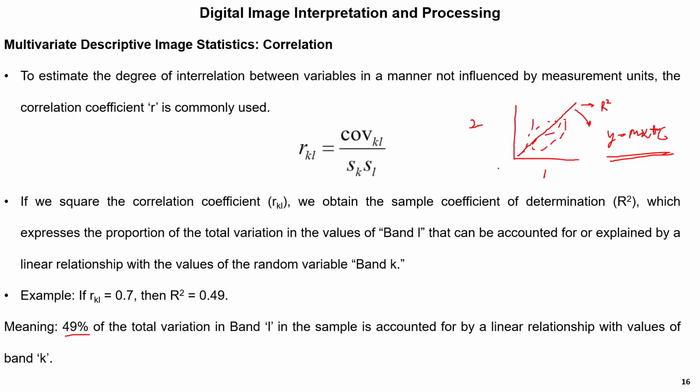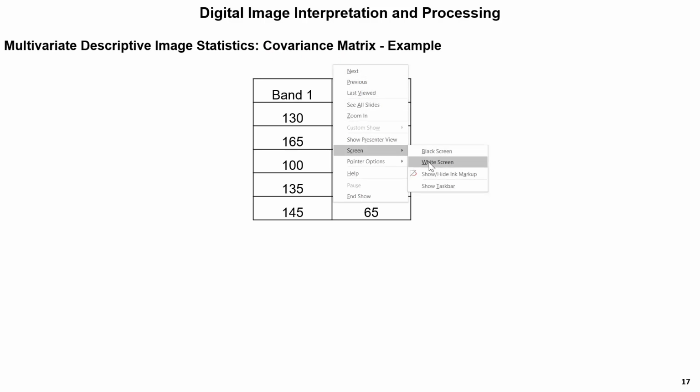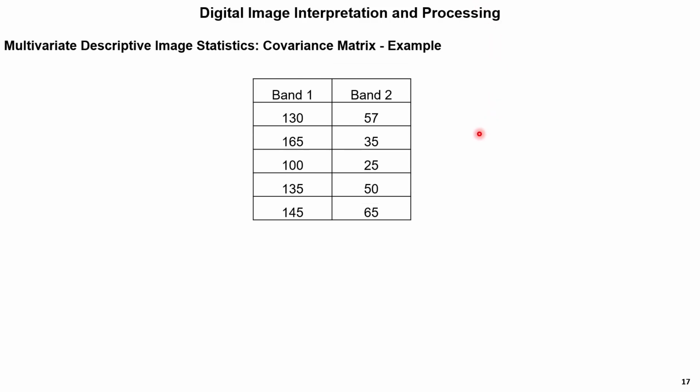So we will see this by solving one problem. I want everyone to solve this problem. Take some 5 minutes. You need to find out the covariance matrix. It is a 2 by 2 matrix, so you have two bands. These are the DN values. To calculate the covariance, first you need to find the mean. Then the variance.